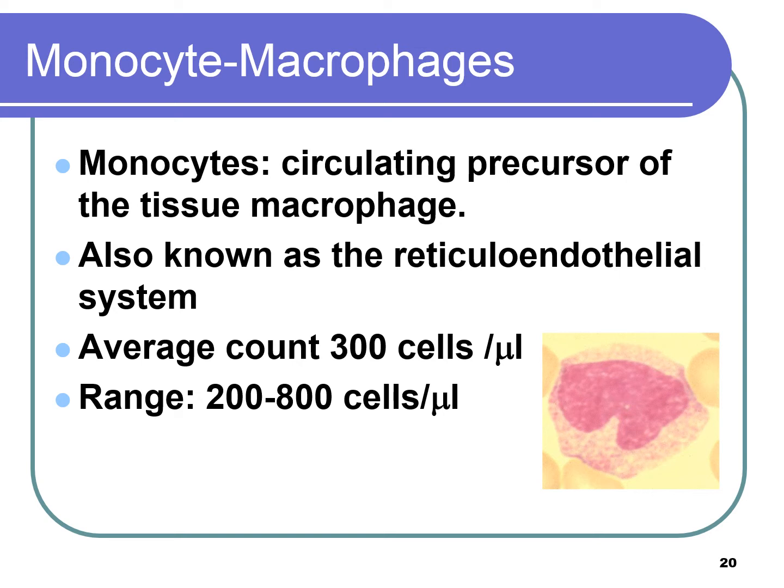Shifting to another cell which is very important in our peripheral circulation, the monocyte. As I told you, the monocyte is the macrophage system, or the reticuloendothelial system, of our peripheral blood, and the average count ranges from 200 to 800 cells per microliter.